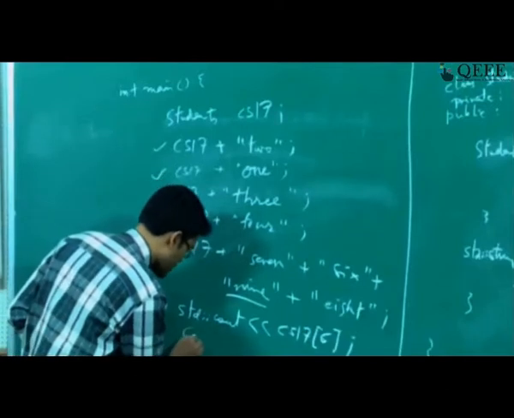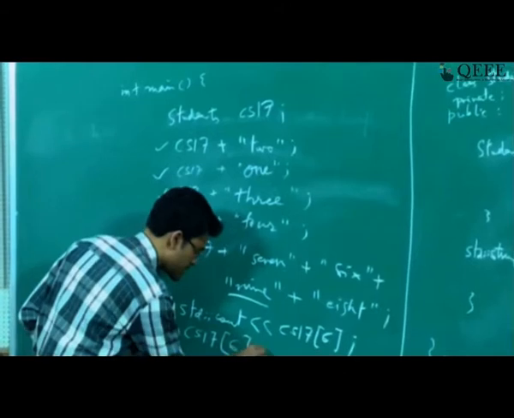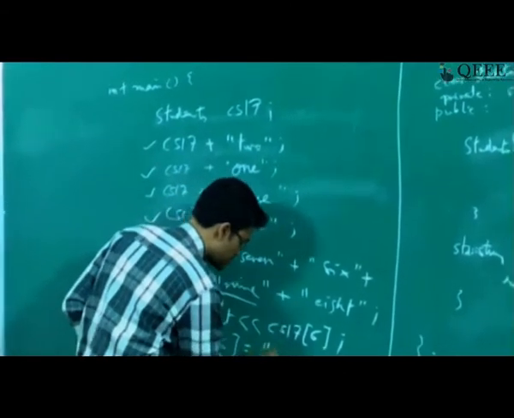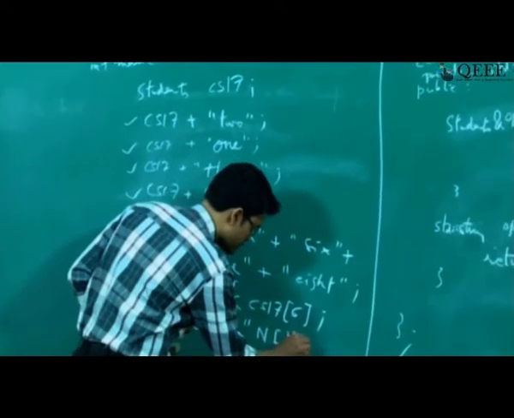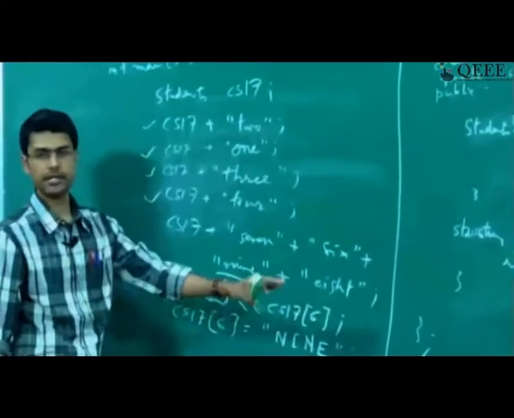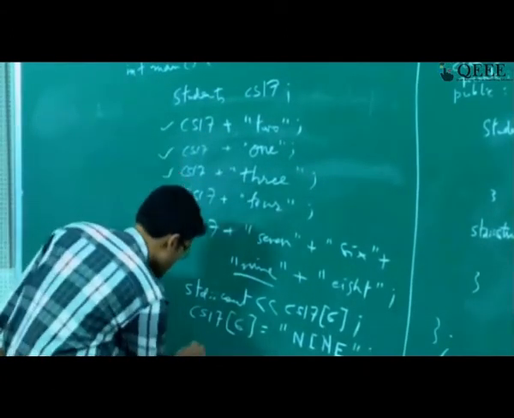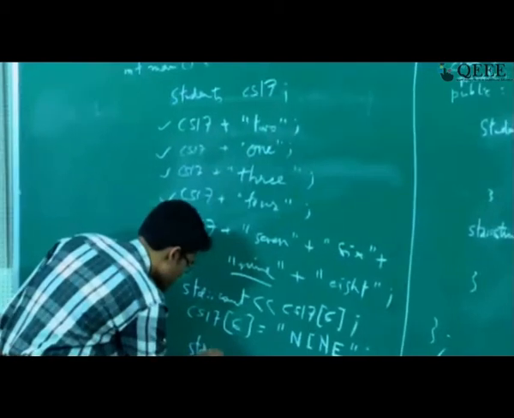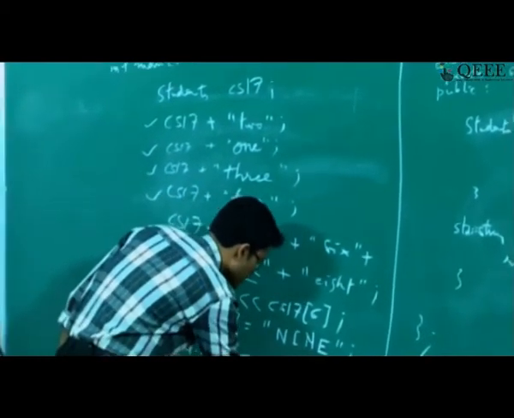So what we do here is CS17 of 6 equal to, let's say I write in capitals, capital 9, that is something which I want to print, and then I again do the same, std::cout CS17 of 6.